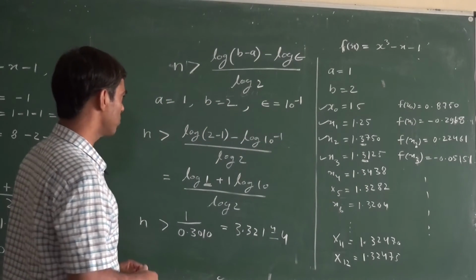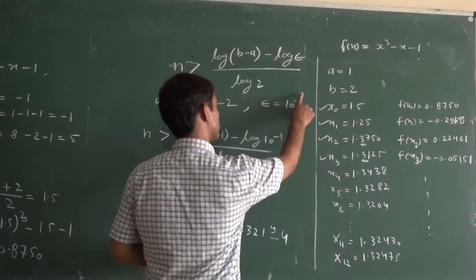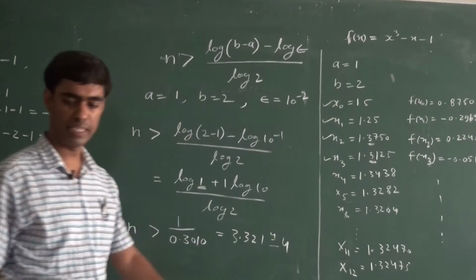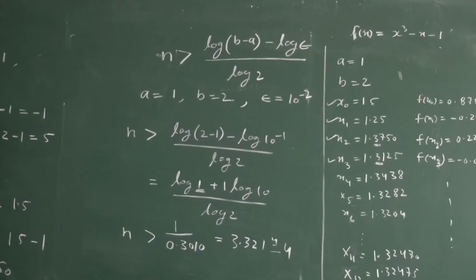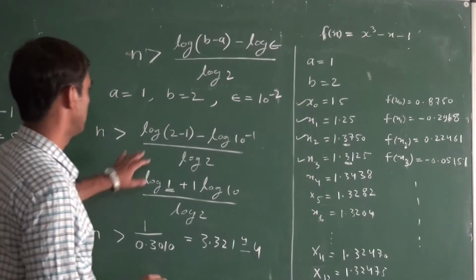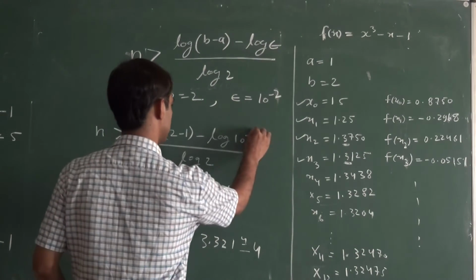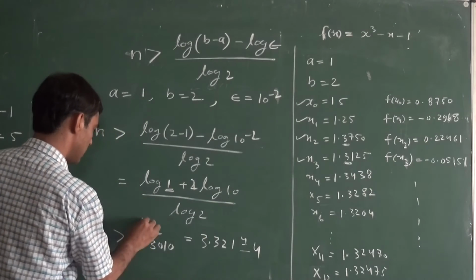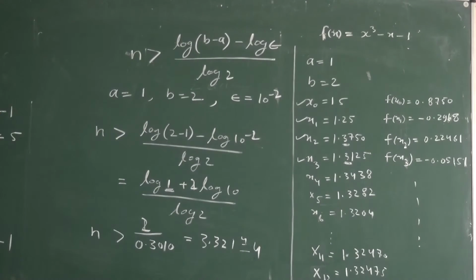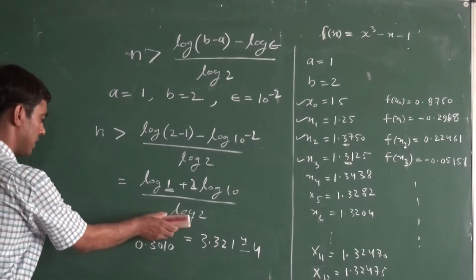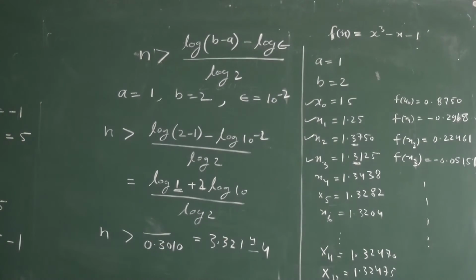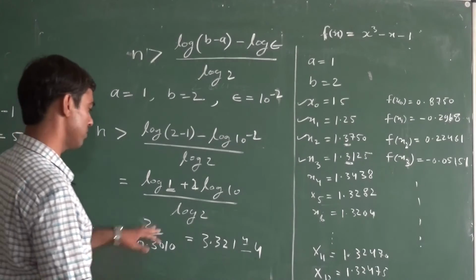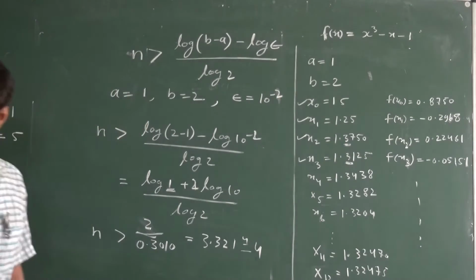Now suppose we try to find the root correct up to 2 decimal places. Then EPS becomes 10 to the power minus 2, and all other values are the same. This is 2 divided by 0.3010, the value of log 2.